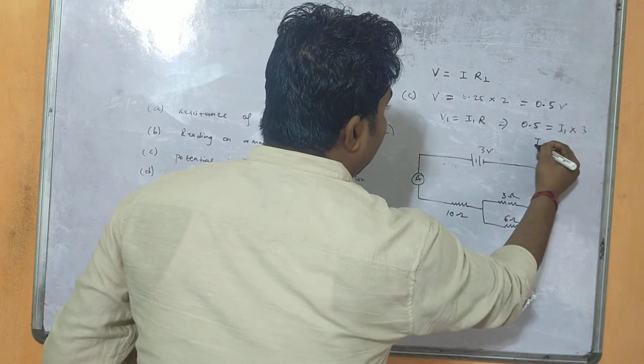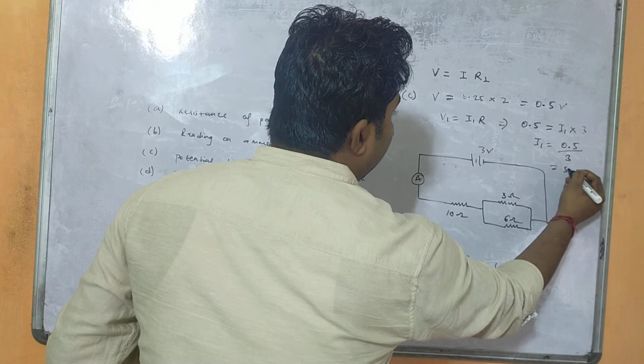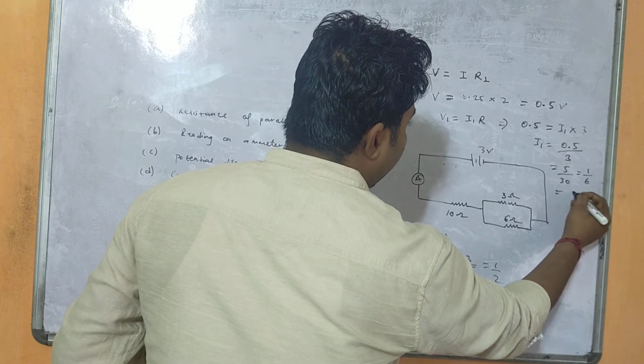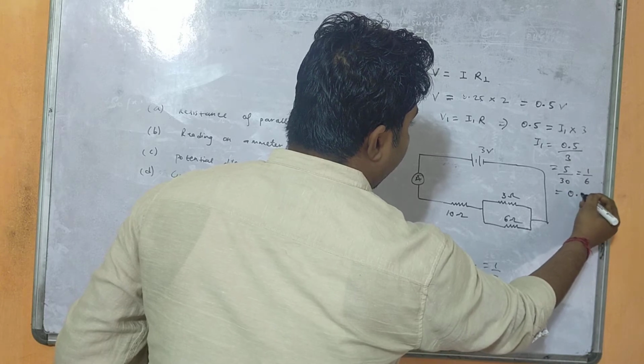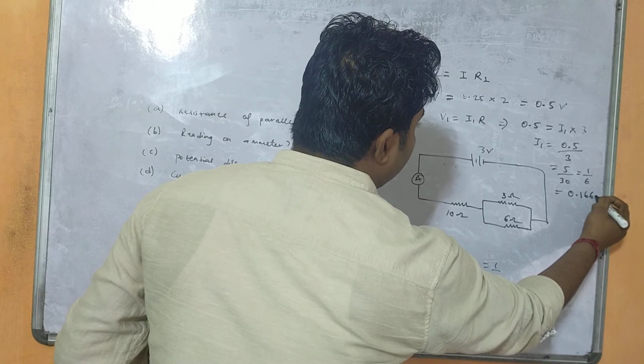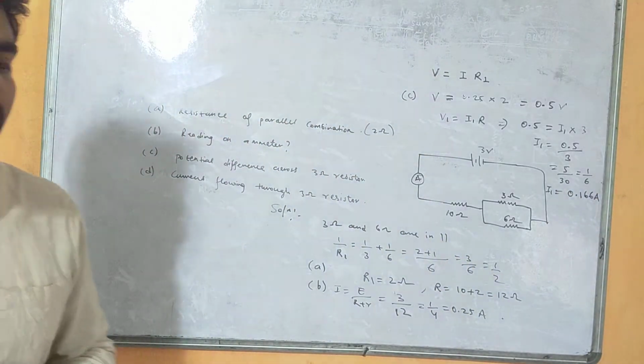So I1 equals 0.5 by 3, that is 5 by 30 or 1 by 6, or this can be written as 0.166 ampere. Okay.